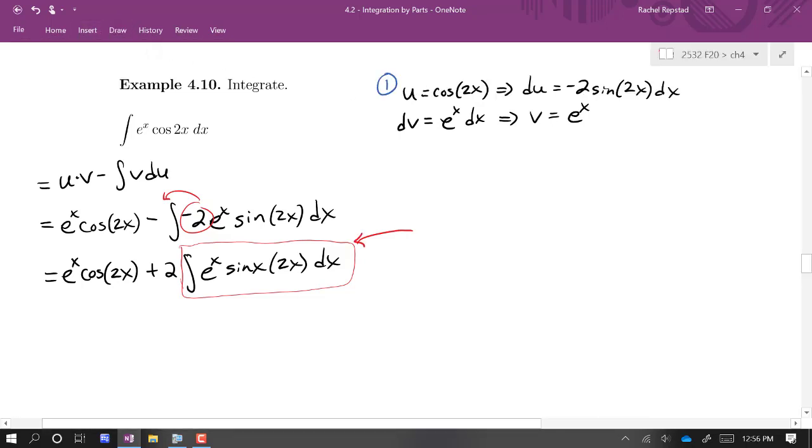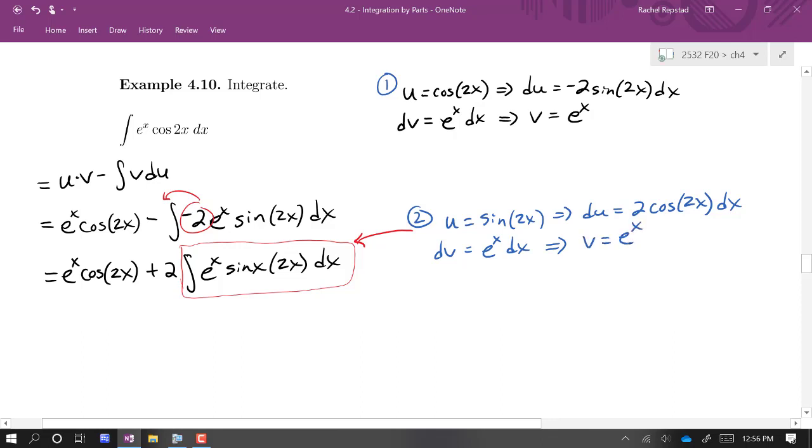Alright, so here's the first iteration of integration by parts. Here's the second one. I'm going to let u equal sine 2x. So then du is 2 times cosine 2x. Then our dv has to be e to the x dx. Same choice as our v in the last iteration, and so v is still e to the x. All right, let's throw this in.